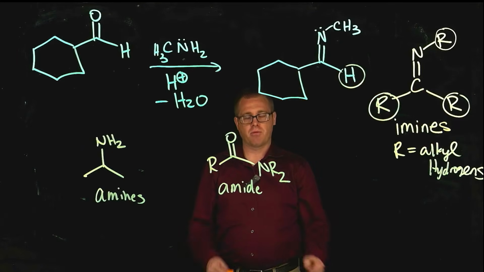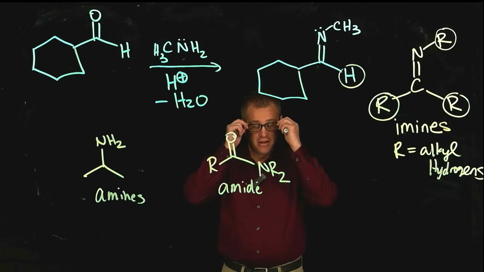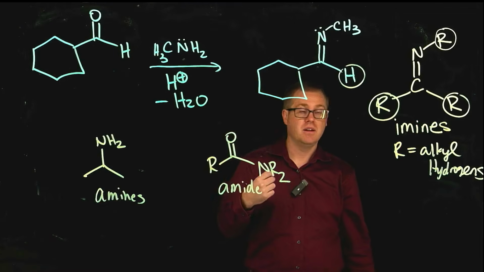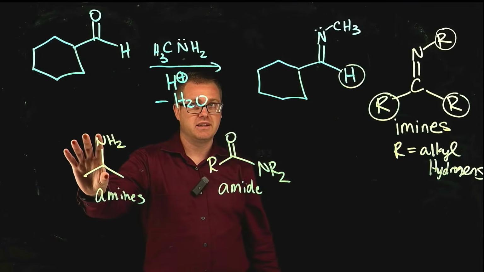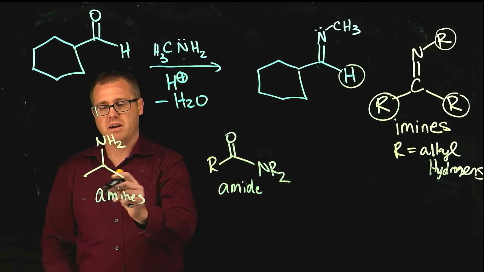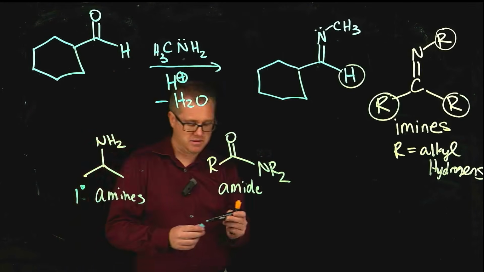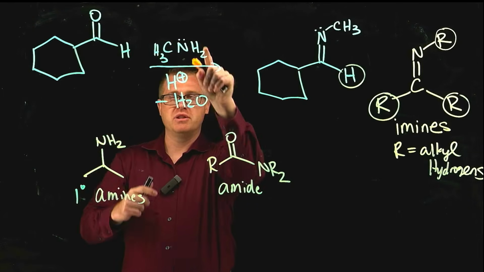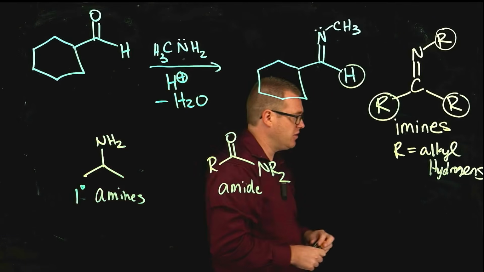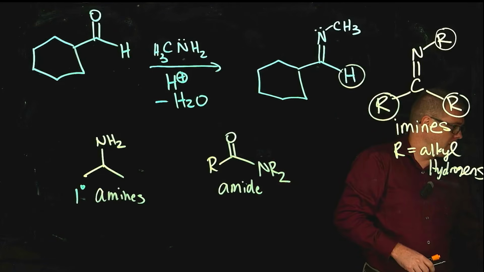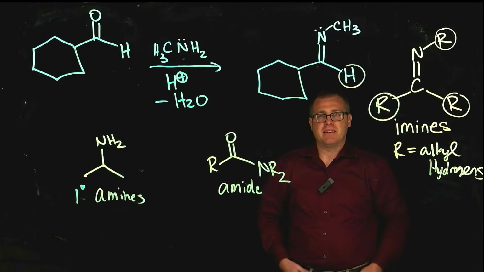When you say them really fast and not paying attention, you could get confused between these really easily just when you're hearing it. But when you look at them, you can see that they're drastically different. So this one right here would be what? A primary amine. Super important: we're using primary amines to react with ketones or aldehydes. Okay? So we want to look at the mechanism of how this happens.